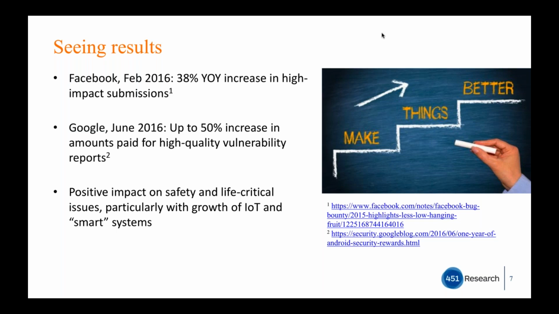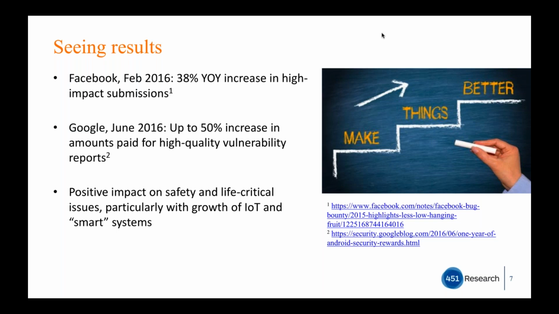In Google's program, a year ago in June, they reported up to a 50% increase in the amounts paid for high-quality vulnerability reports, which is a reflection of the extent to which the research community is actually finding issues that merit attention and remediation.